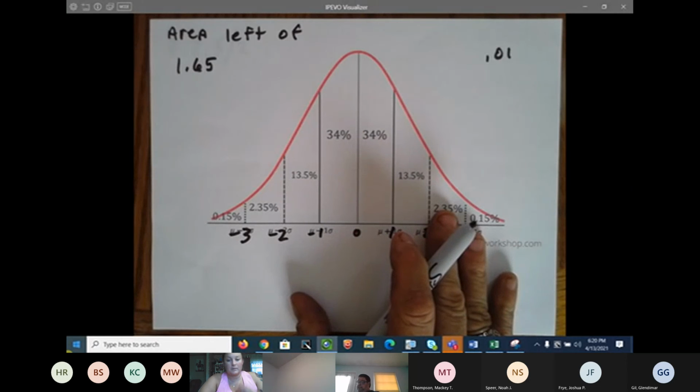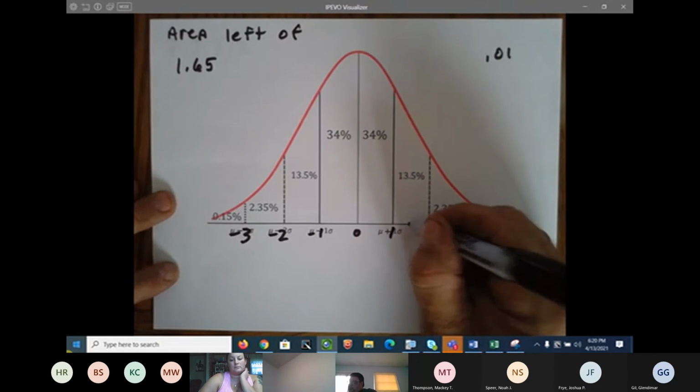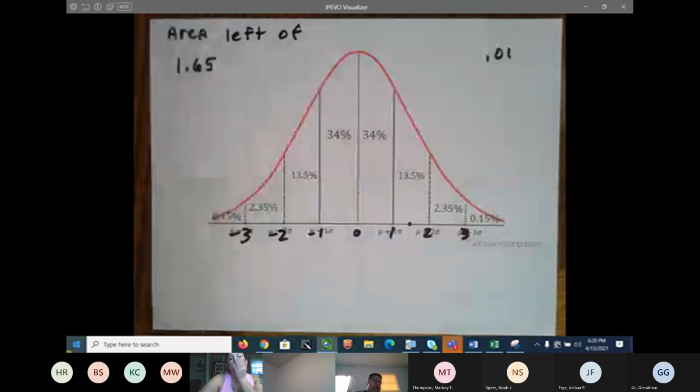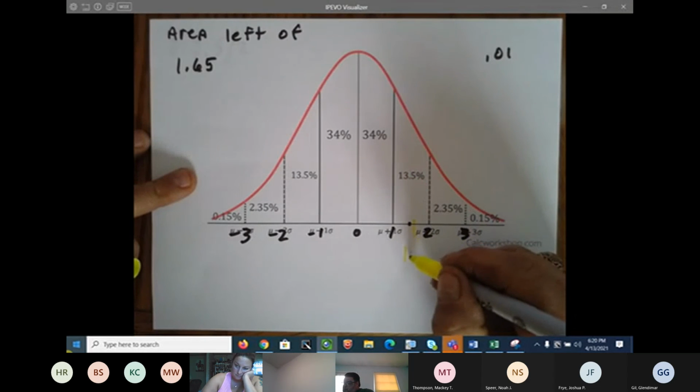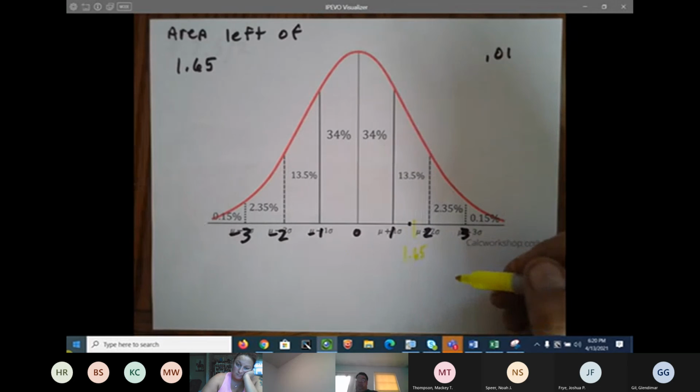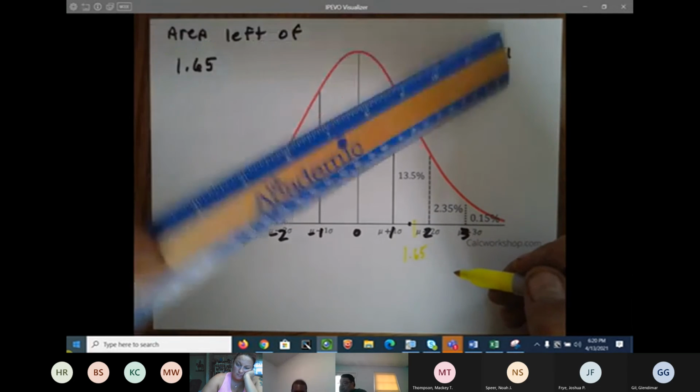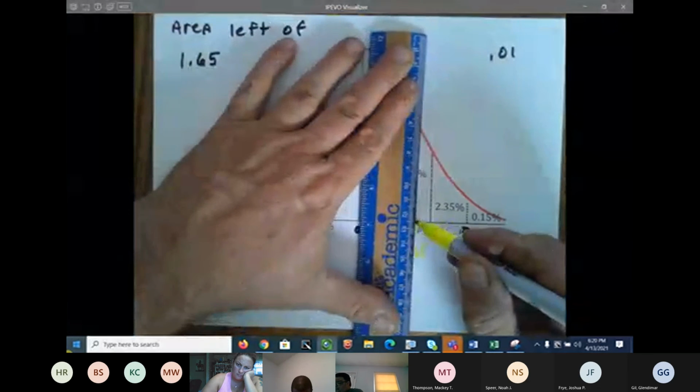Does everybody agree? Yeah. So there's 1.5. So I'm going to do this in yellow. And I'm going to put 1.65 right there. And I'm going to draw a line straight up at 1.65.